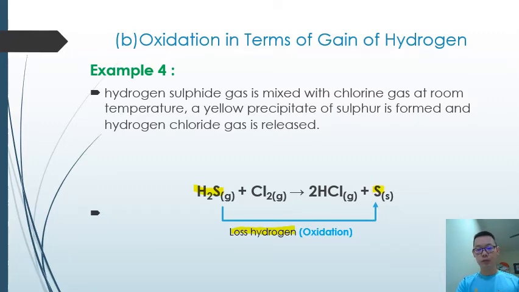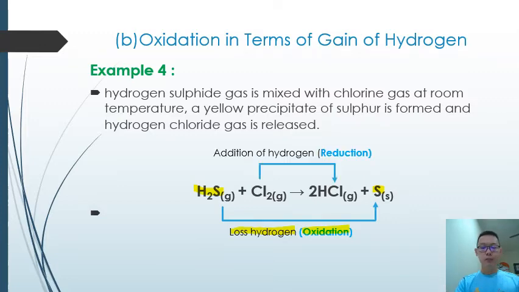So we call this reaction an oxidation reaction. At the same time, the chlorine molecule gains hydrogen. So we call this a reduction reaction. And we can see here oxidation and reduction occur simultaneously in this reaction. So we can say this reaction is a redox reaction.